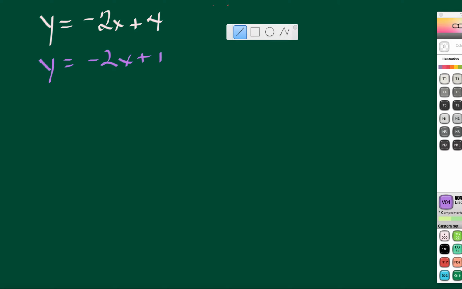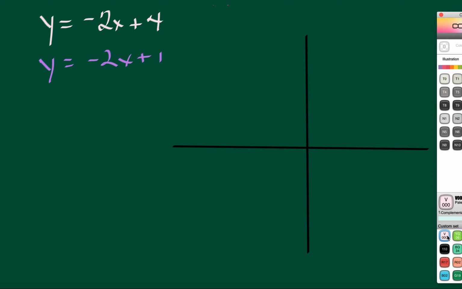All right, so I will set up my axes. Now we're going to start looking at the y-intercept because we need to know where to graph it. So we count up 4. 1, 2, 3, and 4. Make a dot. Slope is -2, so we go down 2 and over 1 and make a dot.